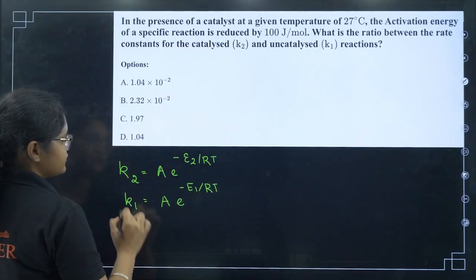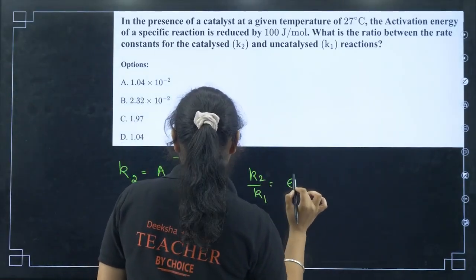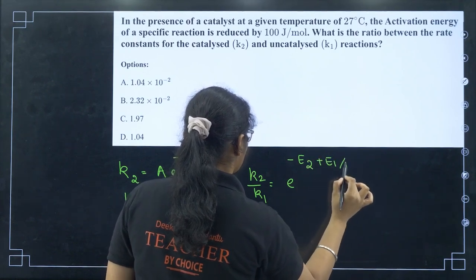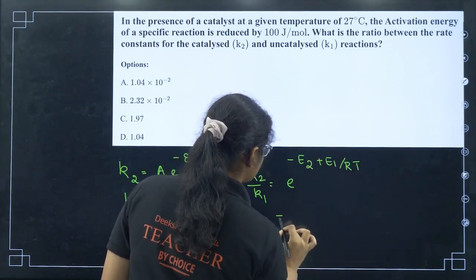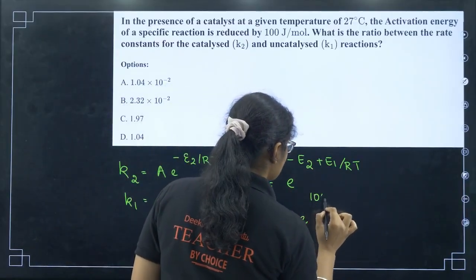Now what is the ratio K2 by K1? That is equal to e to the power of minus E2 plus E1 by RT, so that is equal to e to the power of E1 minus E2, that is your 100 joules, by RT.